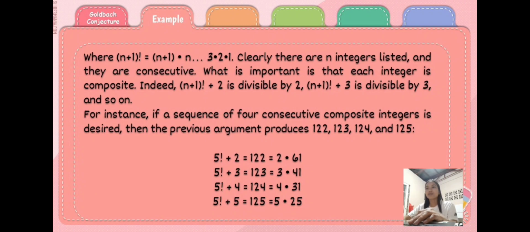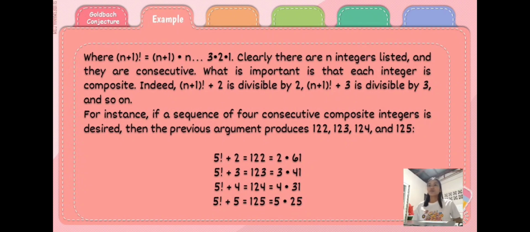Indeed, (n plus 1) factorial plus 2 is divisible by 2, (n plus 1) factorial plus 3 is divisible by 3, and so on. For instance, if a sequence of 4 consecutive composite integers is desired, then the previous argument produces 122, 123, 124, and 125. So we have here 5 factorial plus 2 is equal to 122, which is equal to 2 times 61, both of which are prime numbers.